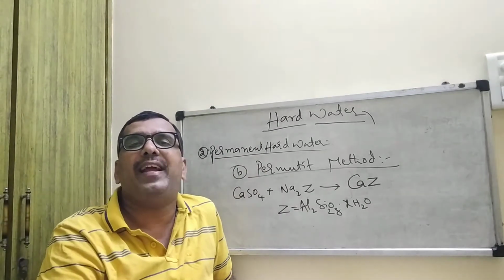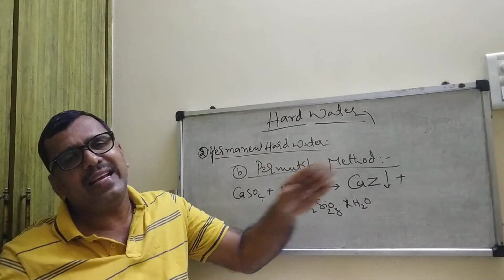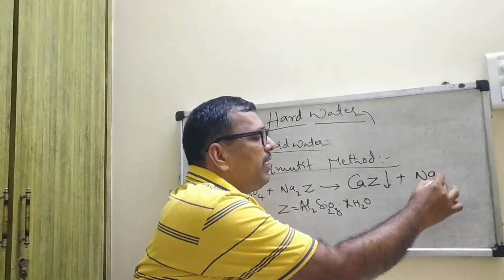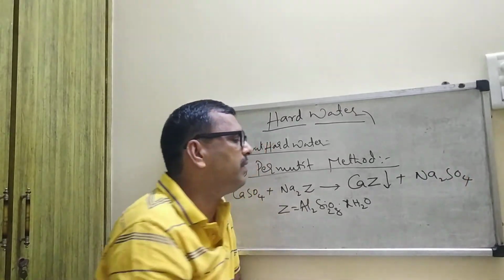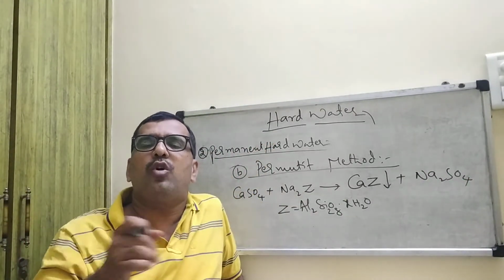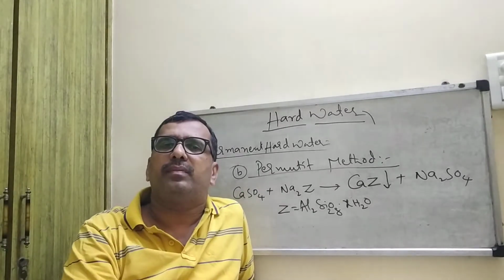Calcium zeolite precipitate is formed, which can be eliminated and removed. And finally you will get sodium sulfate, which can also be removed. So finally that water will become pure.